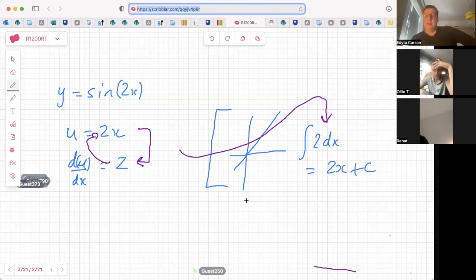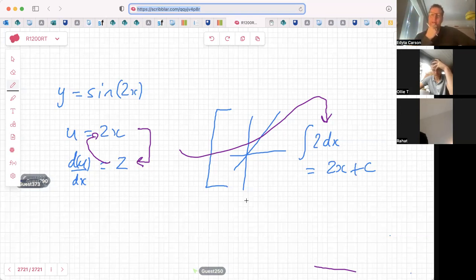So if you can't think of what something integrates to, just think, what was the thing that's been differentiated? That's another way you could think of it. If you're trying to think what's the integral of 2, that must have been differentiated. What was it before? Oh, 2x, because 2x differentiated gives 2. And there you go, it's integrated.